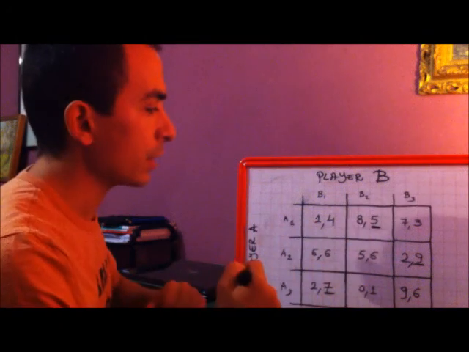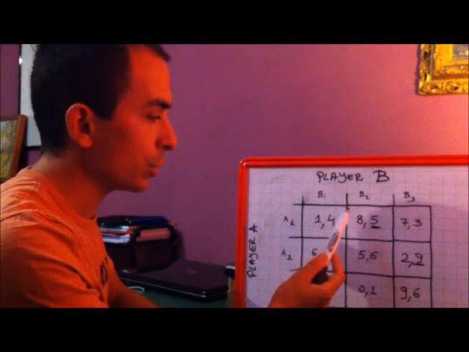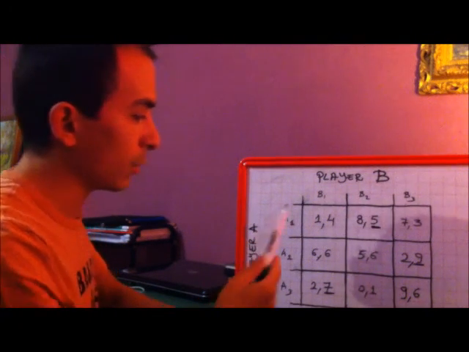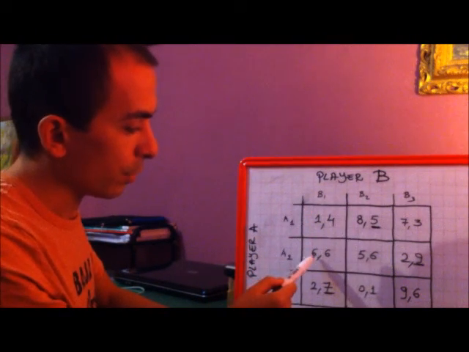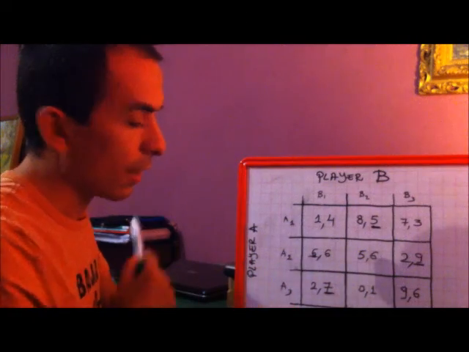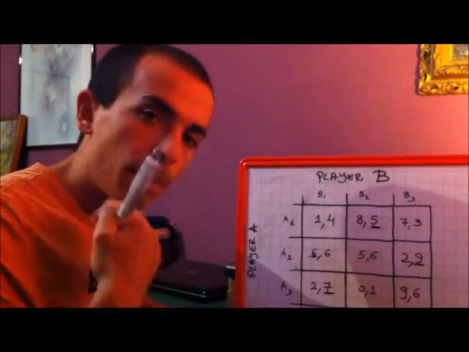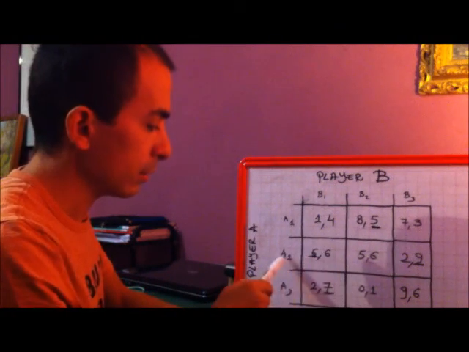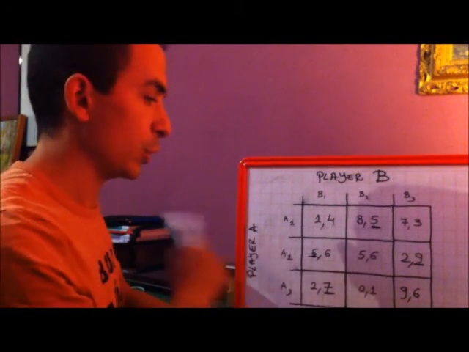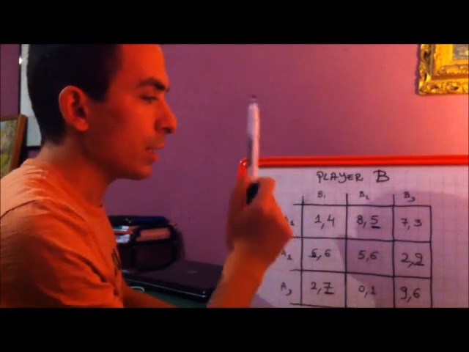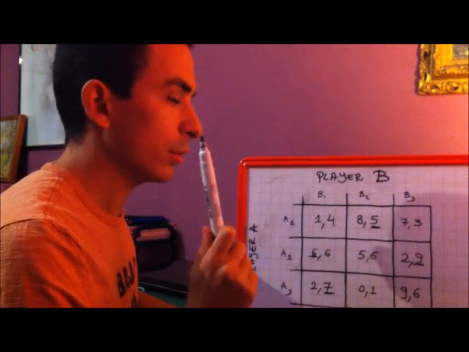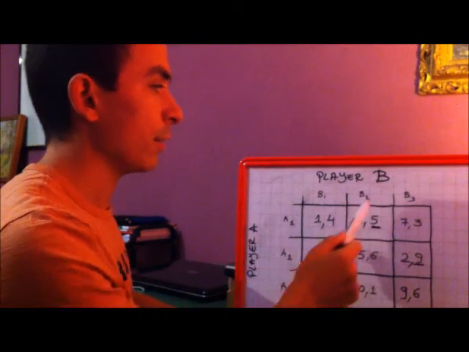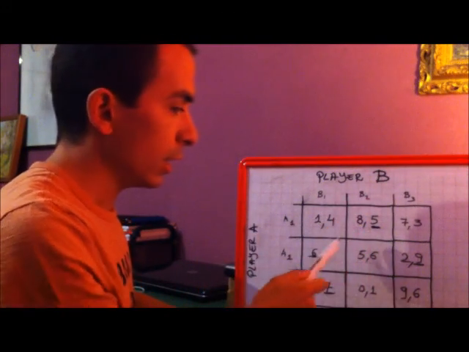The exact same thing has to be applied to player B. Player B thinks, what is the best response of player A if I choose B1? The highest possible payoff for player A is 6, by choosing strategy number 2. What is the best outcome for player A if B chooses B2?